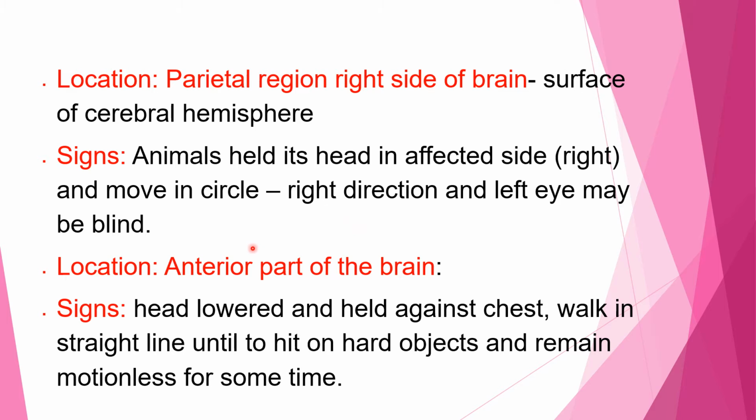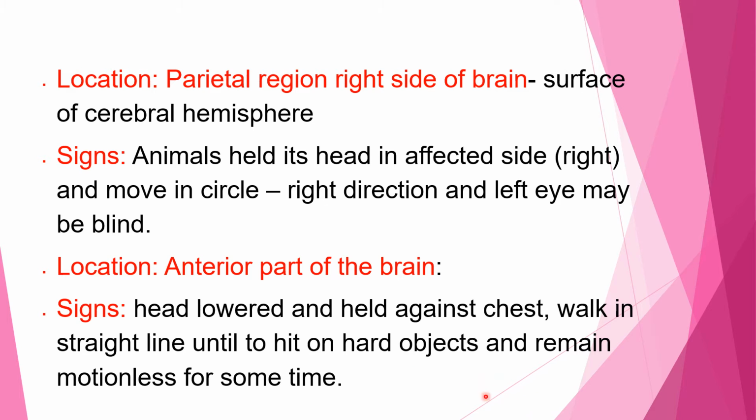If the location of the cyst is in the anterior part of the brain, the signs are that the head is lowered and held against the chest. It is much lowered, stretched lowest. The animal walks in a straight line until it hits a hard object.